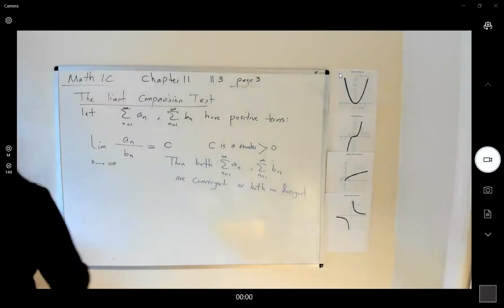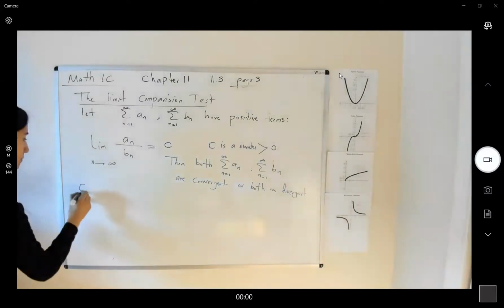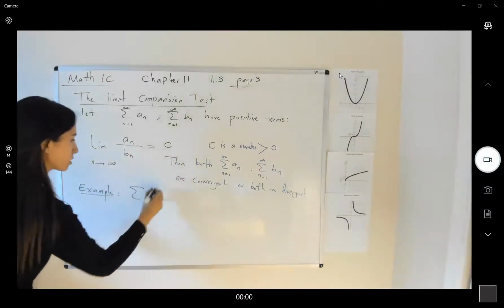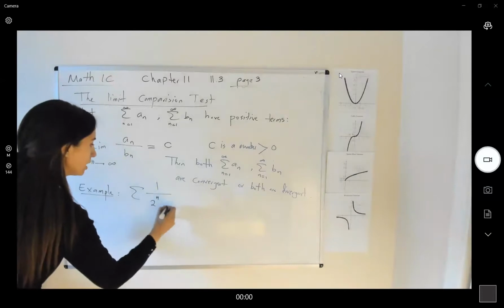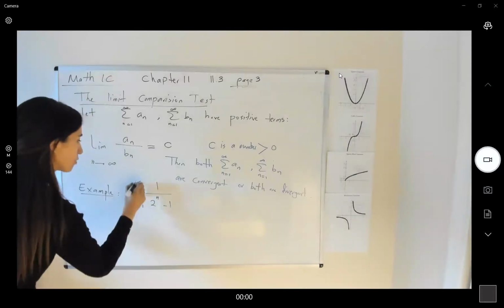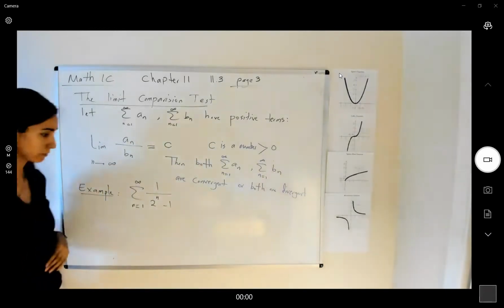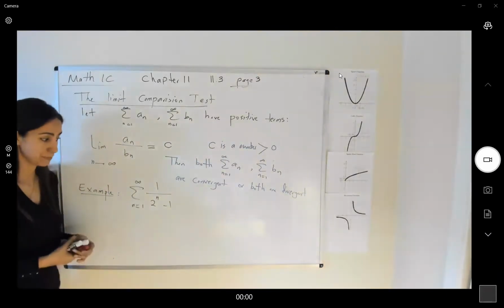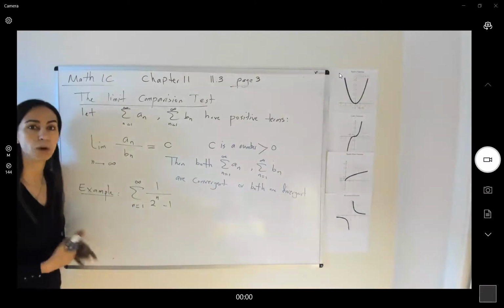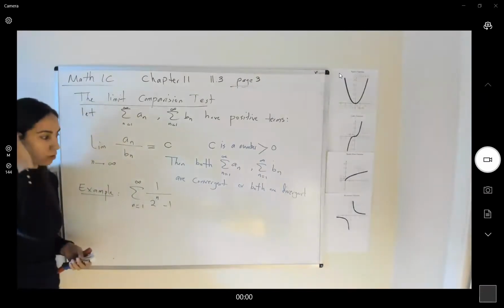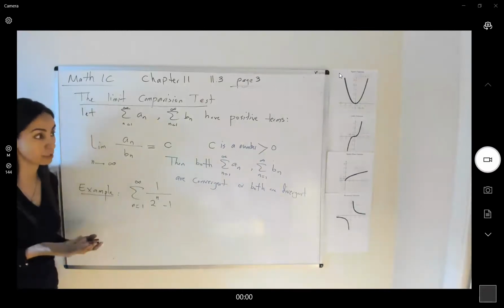Let us go over one example to see what's going on. Example. Suppose you have this series: 1 over 2 to the n minus 1, n starts from 1, goes to infinity. Okay. What is this series? It's similar to a geometric series, but I have minus 1 in the denominator. So it is not a geometric series.